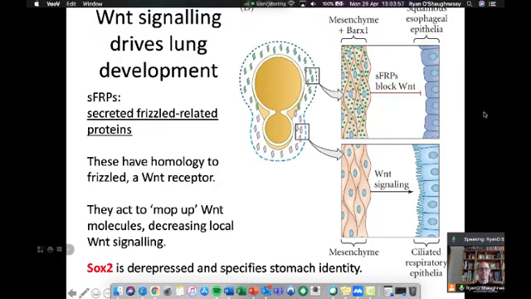When Wnt signalling is active, the transcription factor SOX2 specifies respiratory epithelial identity. If Wnt is inhibited, and therefore no SOX2, no respiratory epithelia. If there's active Wnt signalling, SOX2 is active, and this specifies the stomach identity as opposed to the lung identity.